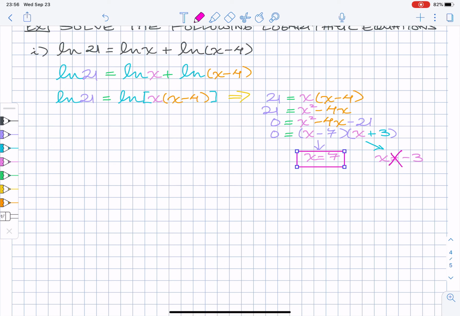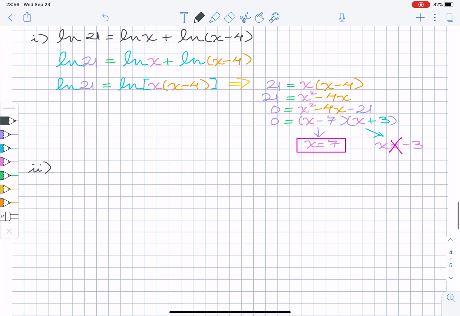Okay, so number 2. Now notice I didn't say no solution here because it's already solved for x and it is not a solution. So why did I use the empty set notation here? Because I had yet to solve for x in the exponential equation there. So that's the difference, if you're wondering.